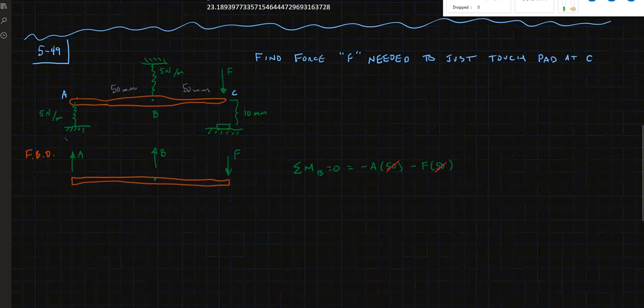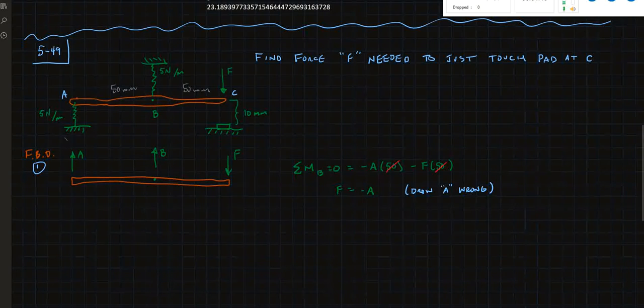I get F equals minus A. Well, this means I drew A wrong. Either A or F is wrong, and I know I drew F correct. Now I can continue on like this and just use my relationships the way I have it set up.